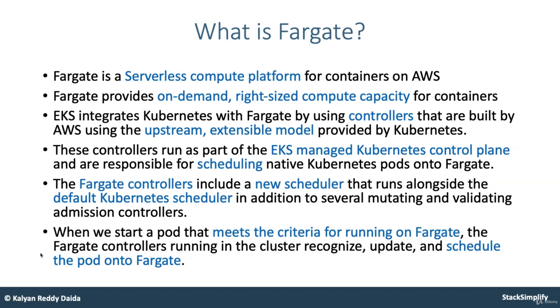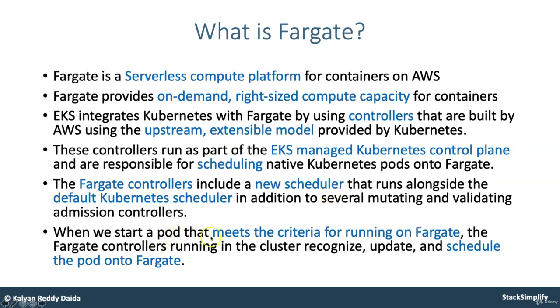The reason is, when we want to understand how Kubernetes is scheduling the pods on Fargate serverless infrastructure, the answer is we have the Fargate controllers created by AWS using this upstream extensible model, and due to that it is able to schedule the pods on the Fargate serverless platform.